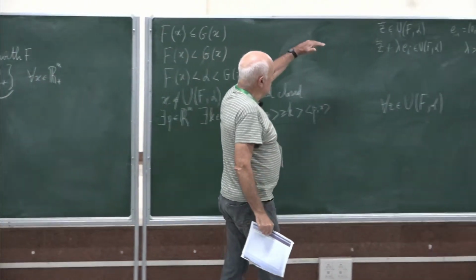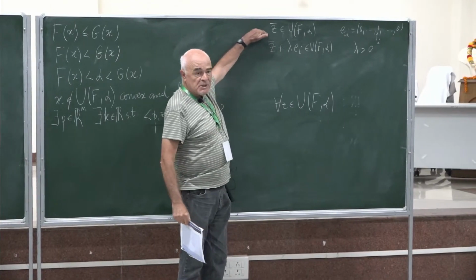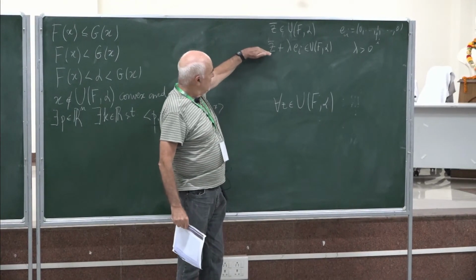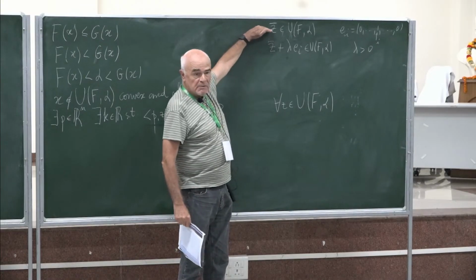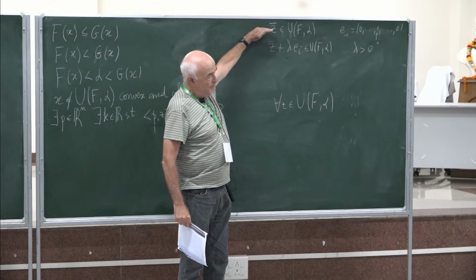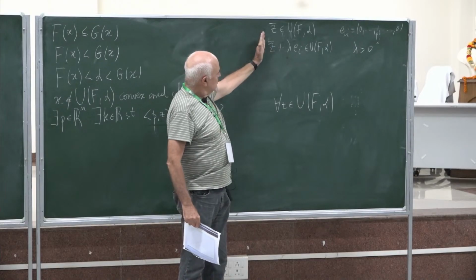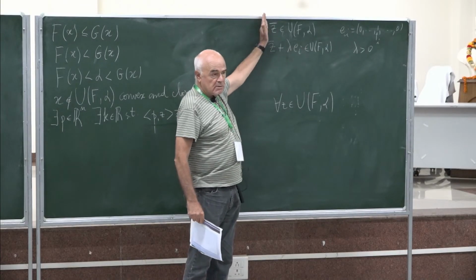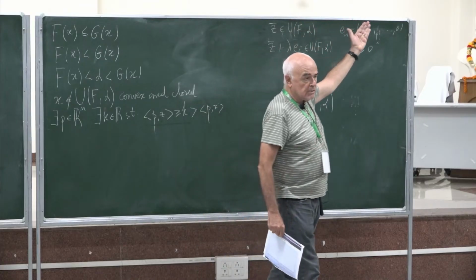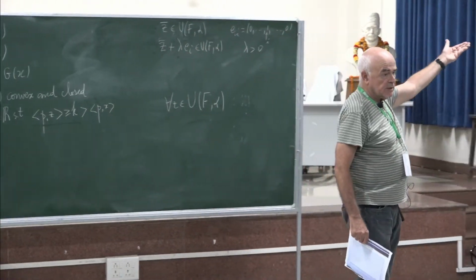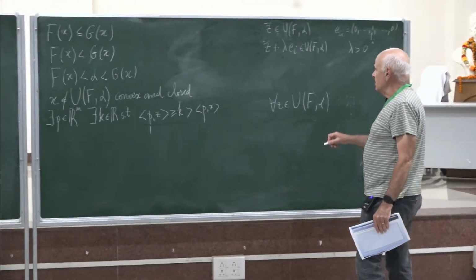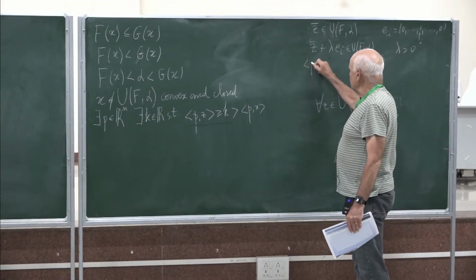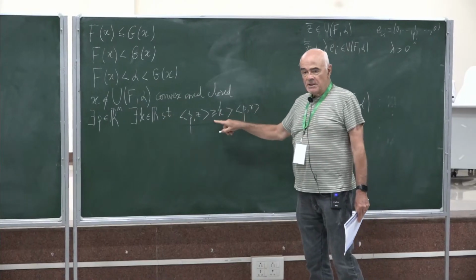Z bar was here, means F of Z bar is greater than or equal to alpha. Then this is greater than or equal to Z bar, and so its value is larger than the value at Z bar. So it's greater than alpha. So it still belongs to the upper level set, and this means that it must satisfy this inequality.